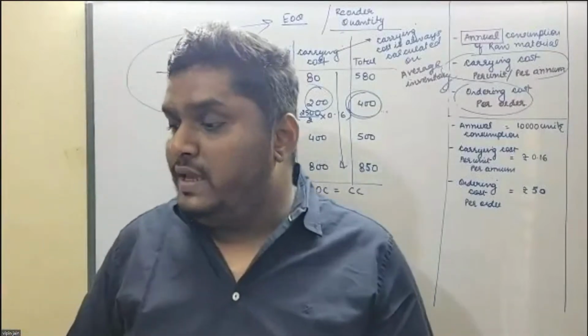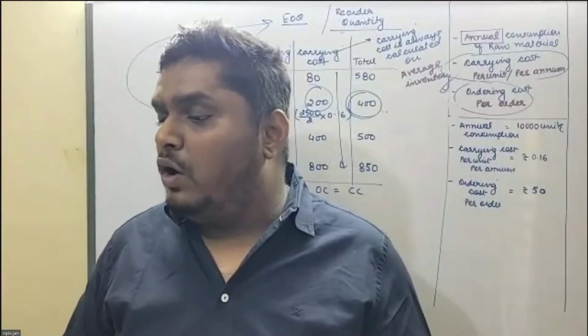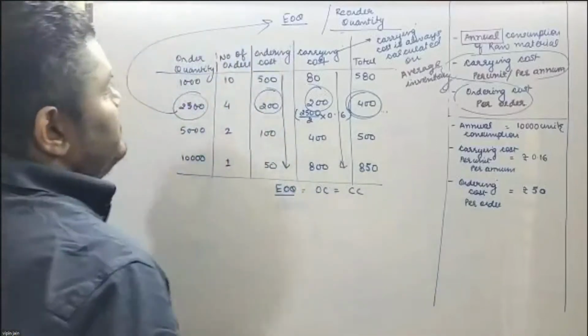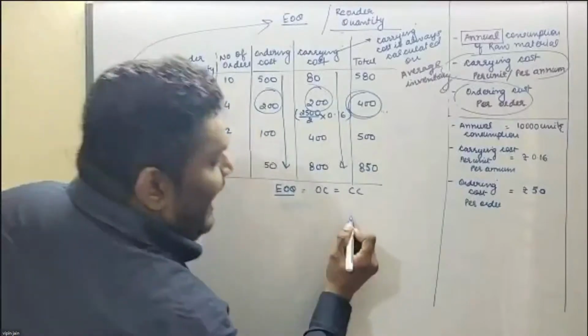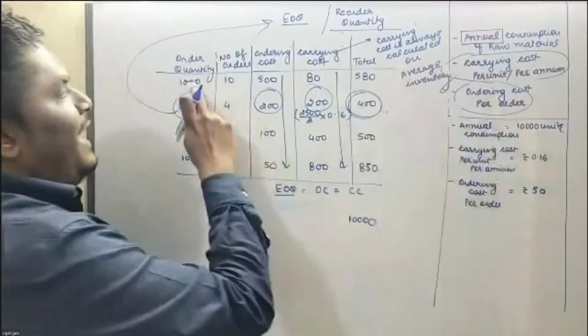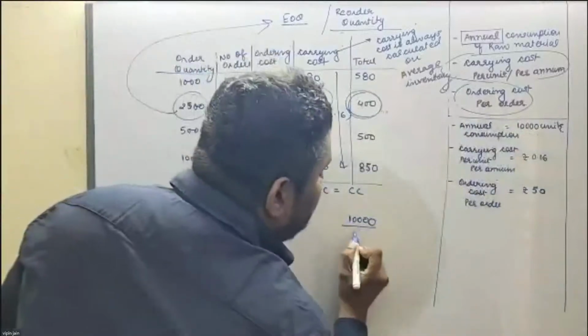Okay, Miss Shruti asks, sir, please tell how to calculate ordering cost. See, Shruti, my annual requirement is 10,000 units and I am placing an order of 1,000 units in one go.